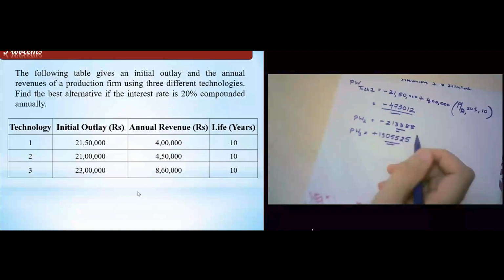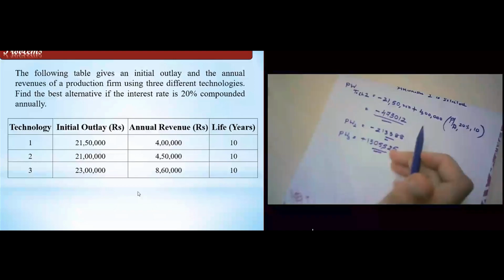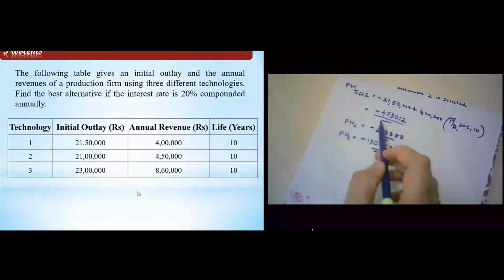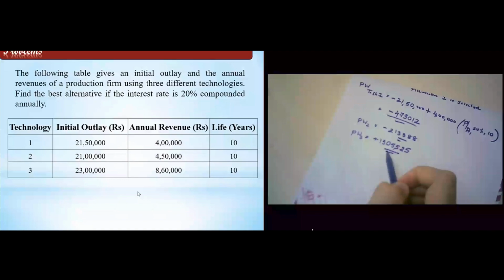Okay, right. So for the first technology, present worth amount was minus 4,73,012. For the second one, it is minus 2,13,388, and for the third, it is plus 13,05,525. Among the three alternatives, the alternative with the maximum present worth amount is selected.